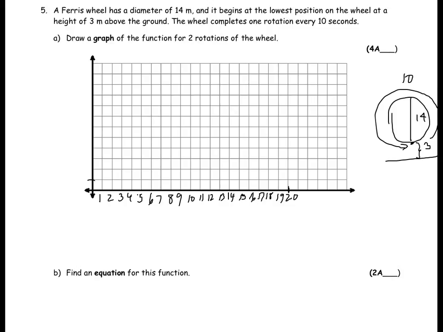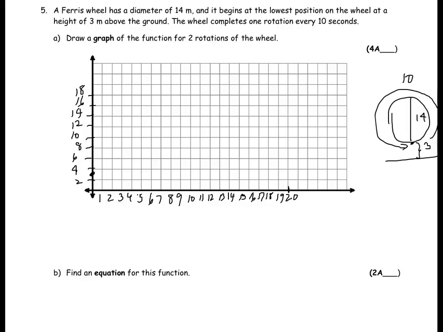I'm going to set this one to 2, 4, 6, 8, 10, 12, 14, 16, 18. We know that initially it is 3 meters above the ground, so it's going to be somewhere around here.